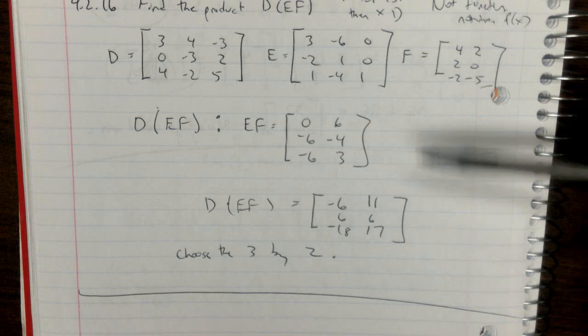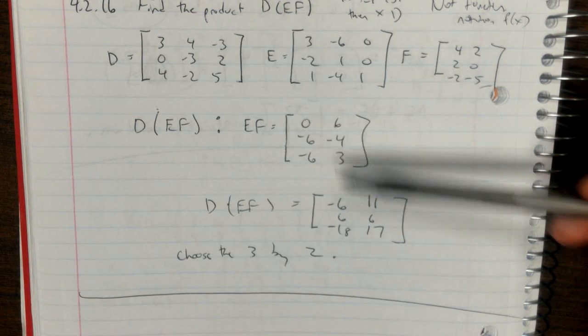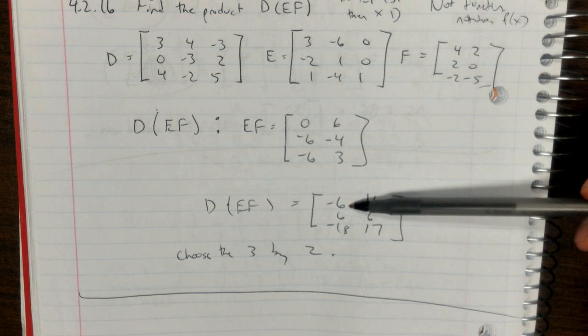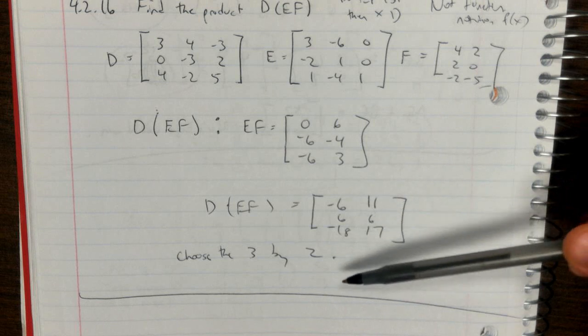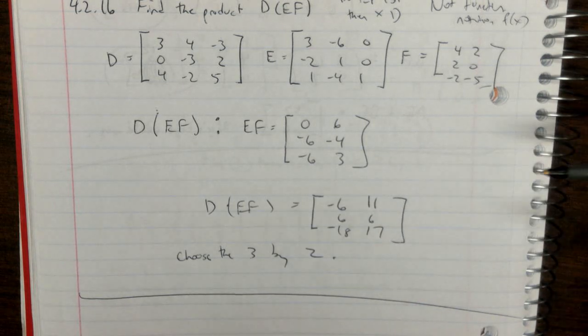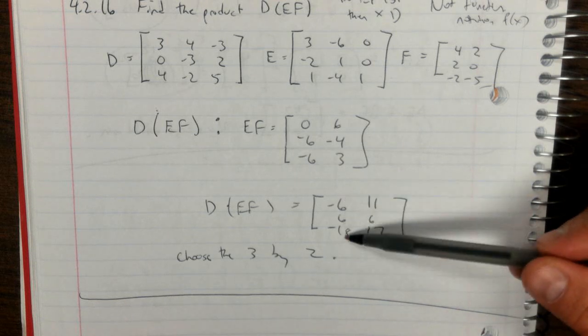So if you actually just do this on the calculator, I would just write down this step and this step, and then based on your results, you know whether to choose the 3x2 or 3x3. In this case, we had to do the 3x2 because it's 3 rows, 2 columns.